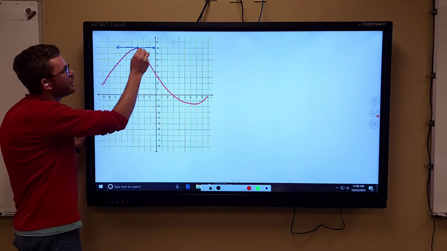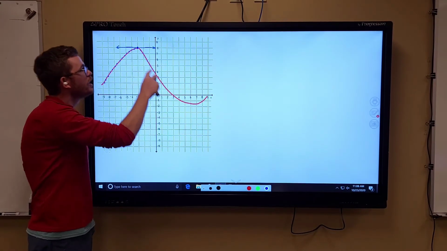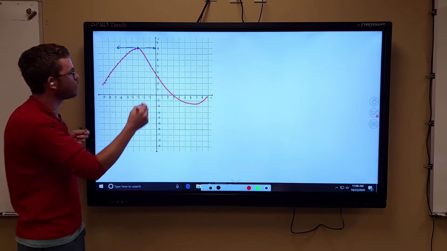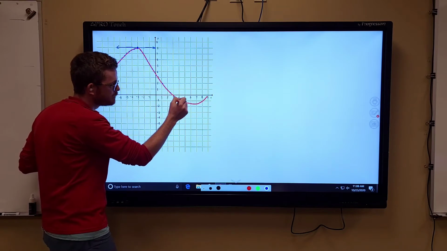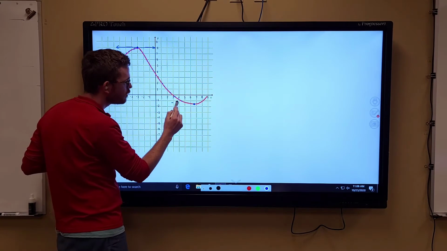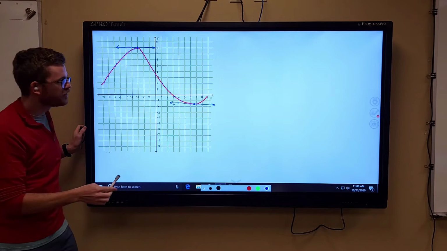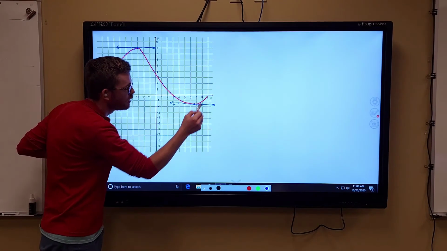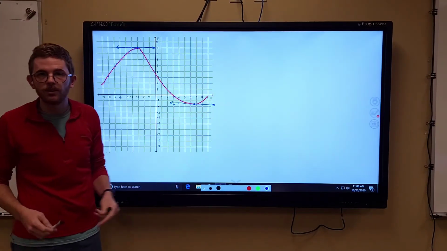we get these negative slopes. The negative slopes are making our function decrease. We're seeing visually our function is decreasing right here until once again we get to a 0 slope where the tangent line would again be horizontal, and then we again see it has changed from decreasing to increasing.